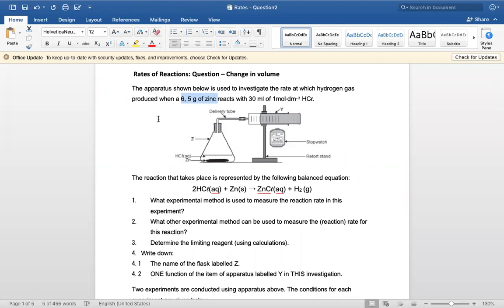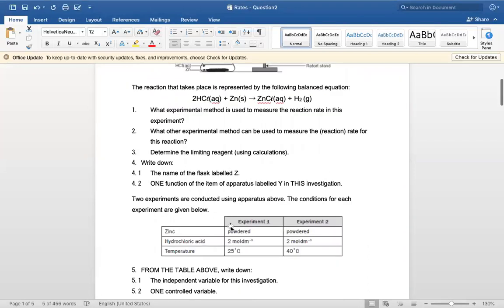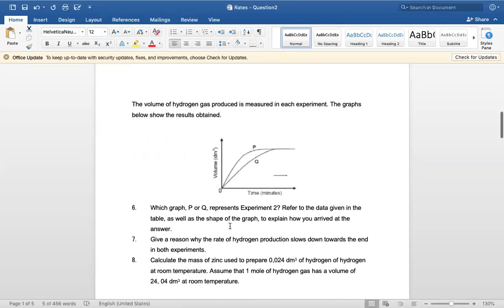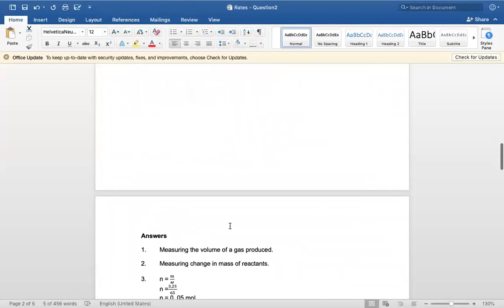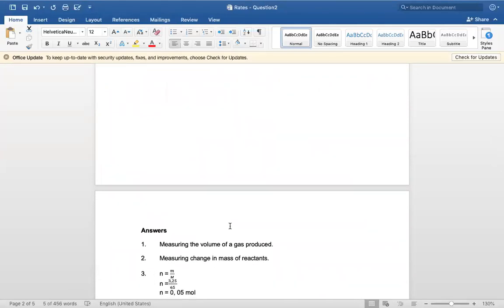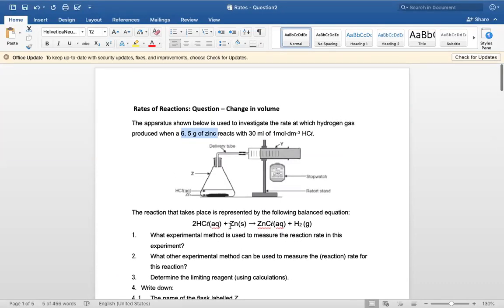All right, so let's work it out. Number of moles is equal to actual mass over molar mass for zinc. And you can work out the number of moles of zinc. All right, what did we get?